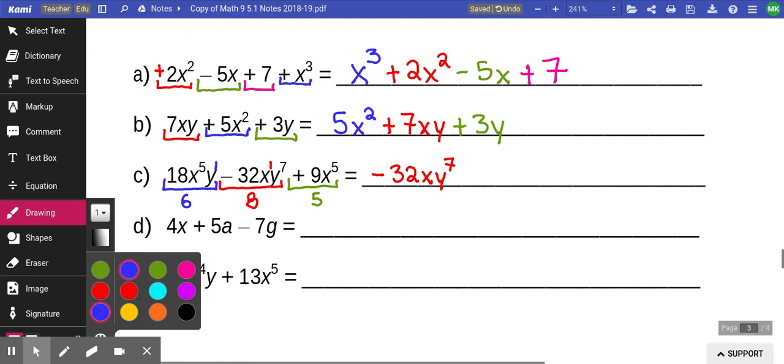The blue one doesn't have a symbol in front of it, but we need to imagine that it's a positive 18. So it would be like plus 18, x to the 5, y. And then the green one is last, so it's plus 9, x to the power of 5. That negative trick is the hard part. Right? Most people forget to bring the negative with the term. It's a part of it.